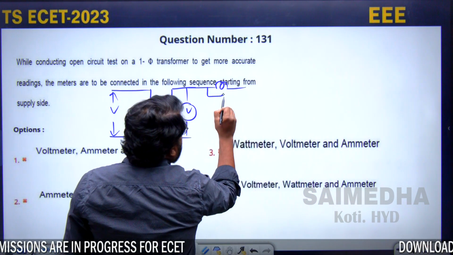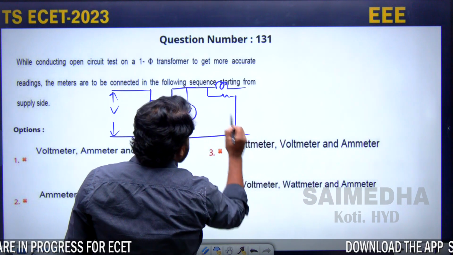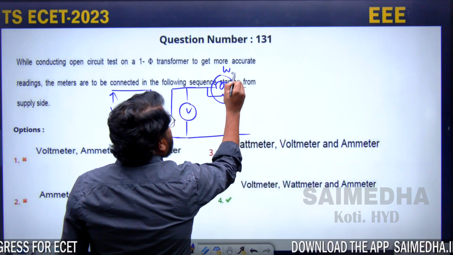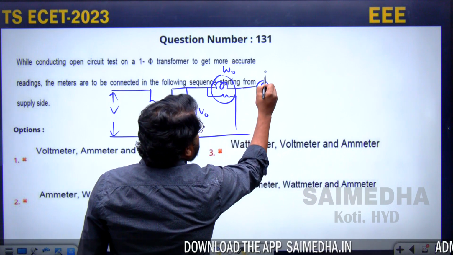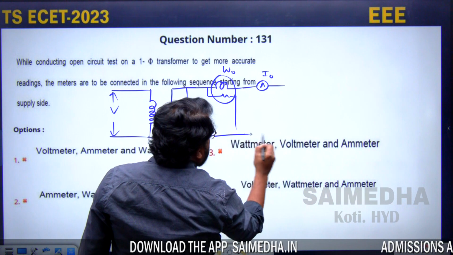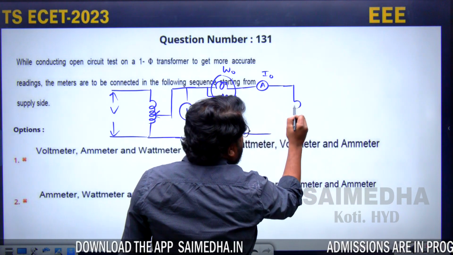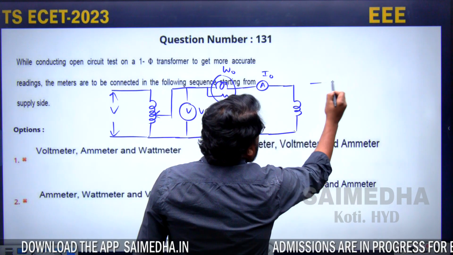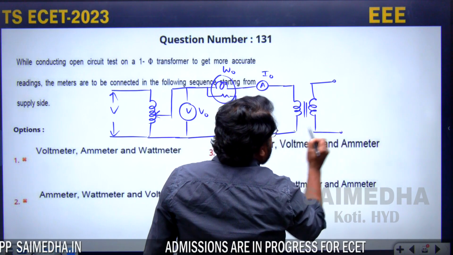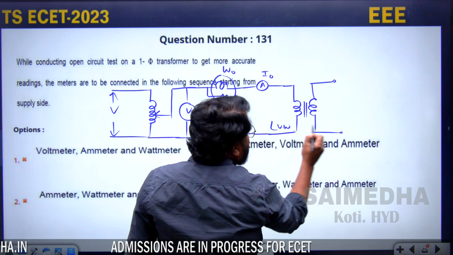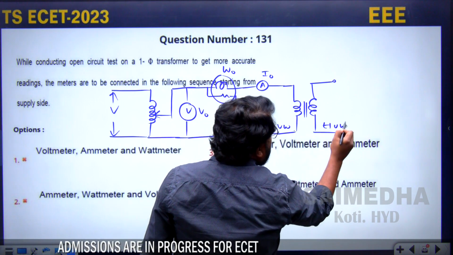So this is the wattmeter, W naught, and this is V naught, and then after that the ammeter, which measures I naught. Now this one is the primary winding of the transformer and this is the secondary winding of the transformer. So it is open. Now this is the LV winding and this one is the HV winding of the transformer.